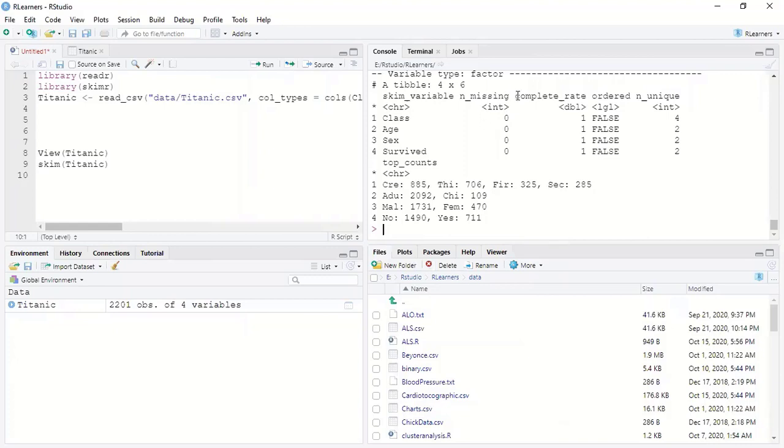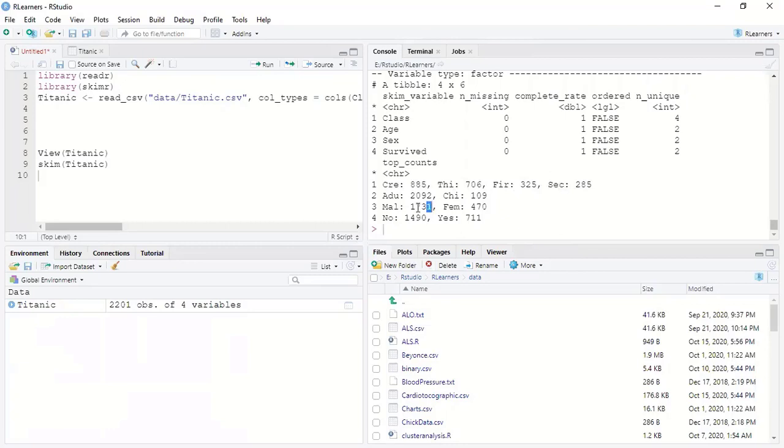Now, as you can see, there are no missing values. This is the first categorical variable, on classes. We have the crew, which was 885 people. The third class had 706 people. First class had 325, and the second class had 285 people. There were 2,092 adults and 109 children, so there were not so many children on that ship, Titanic.